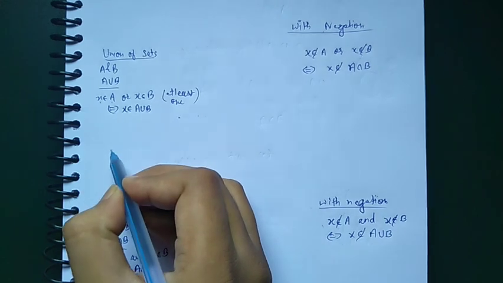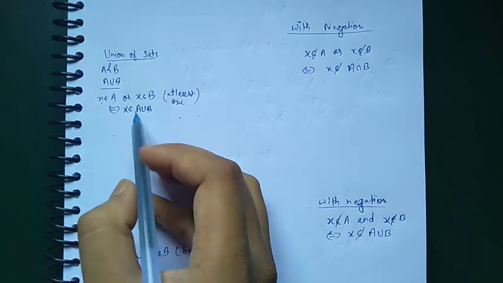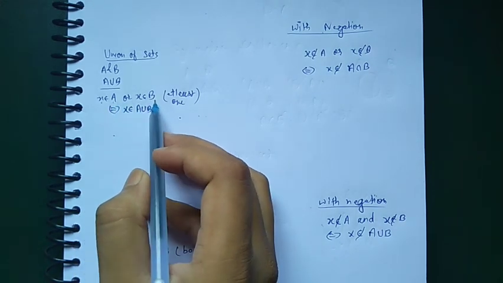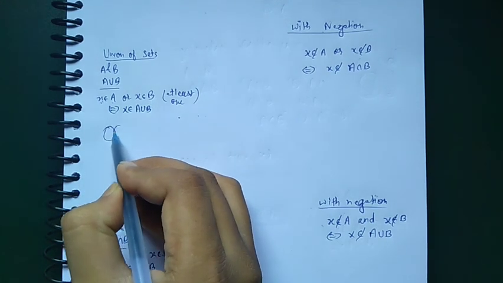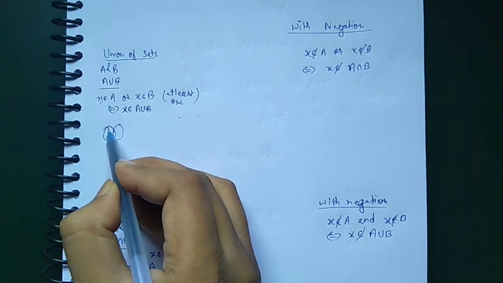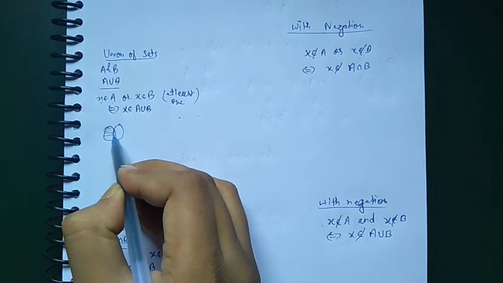X belongs to A. If we consider A union B as universal set, then X belongs to A can be represented by this shaded region.